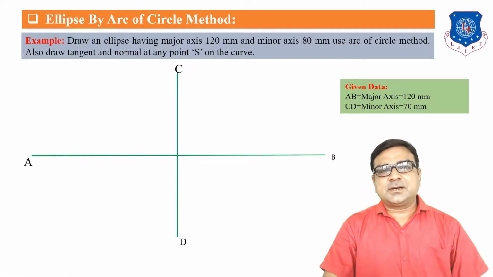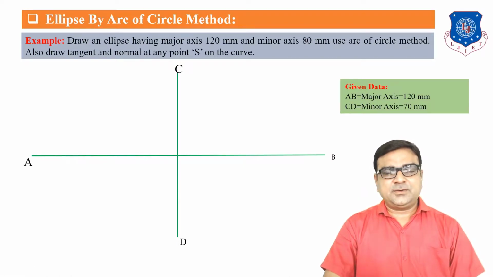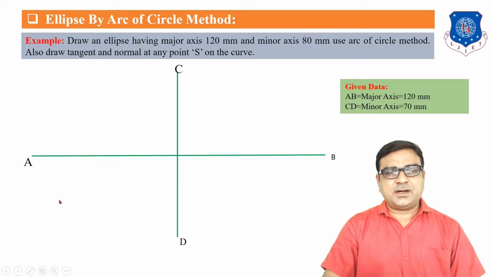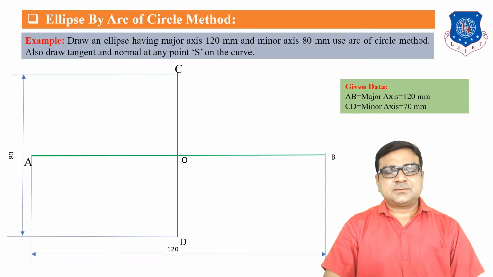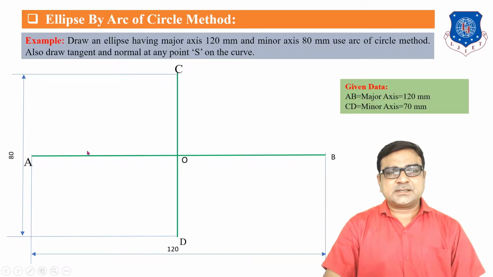Now in this method, we want to find two focus points which always lie on the major axis. So how can you find F1 and F2? The distance between the focus and the end of the minor axis, CF1, is exactly half of the major axis.